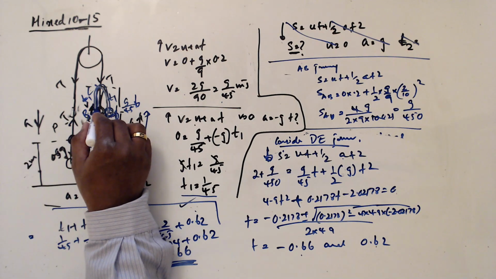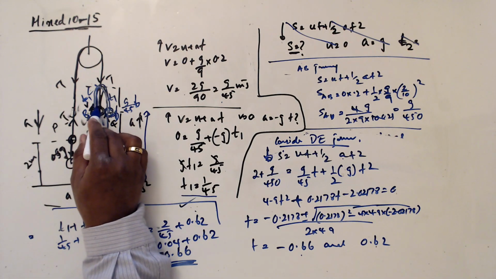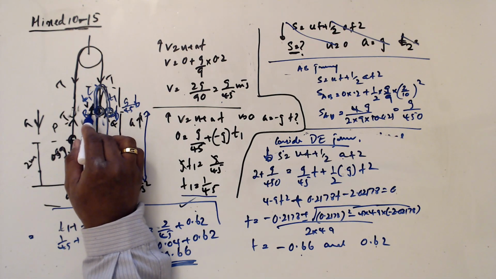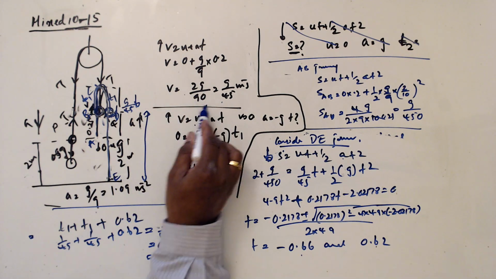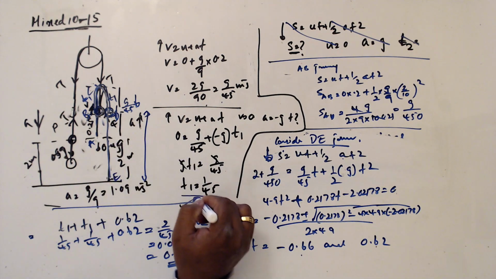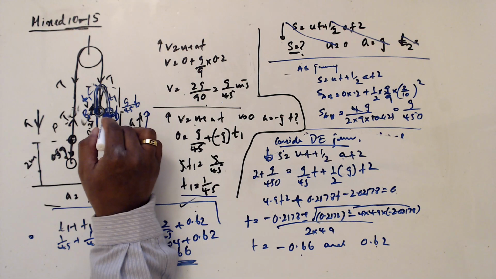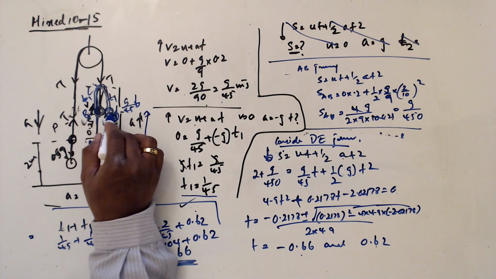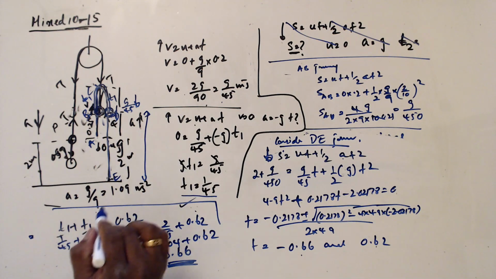For this journey I found the starting velocity at this point, using v equals u plus at, and the time for this journey is T1, and the same time it will take to come back to the same height again, so again T1 and T1.